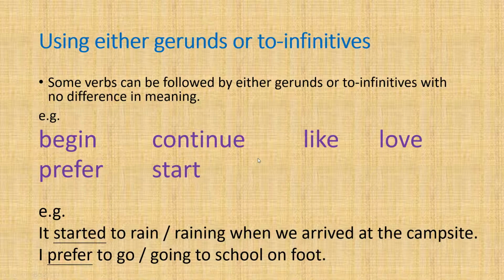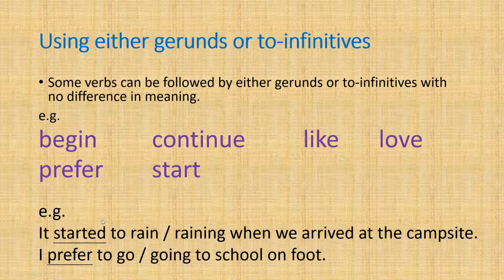Alright, in some cases, we can use both with no difference in meaning. What does it mean? Now let's take a look at these two examples. It started to rain, or it started raining when we arrived at the campsite.